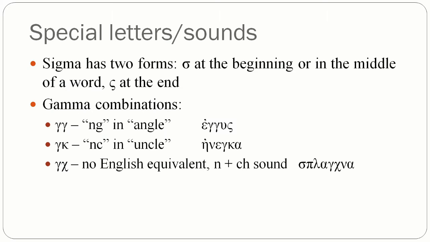And then the last one here is gamma and khi. As I talked about in the writing the letters video, this khi sound doesn't really have an English equivalent. It is the equivalent of, say, that sort of guttural German sound like Bach. It really sounds like you're clearing your throat.